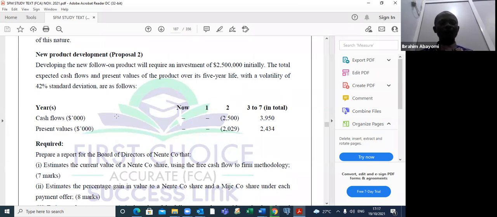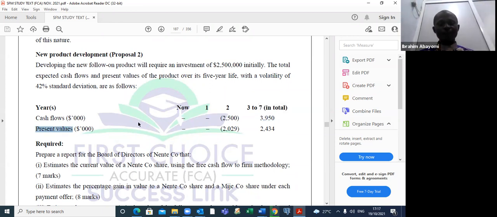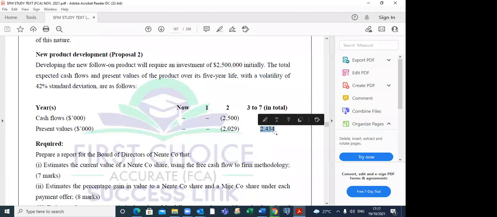We have our cash flows. This is the cash flow. Initial outlay. This is the inflows from year 3 to 7. And this is the present value. Present value of the outlay and the present value of the inflow.